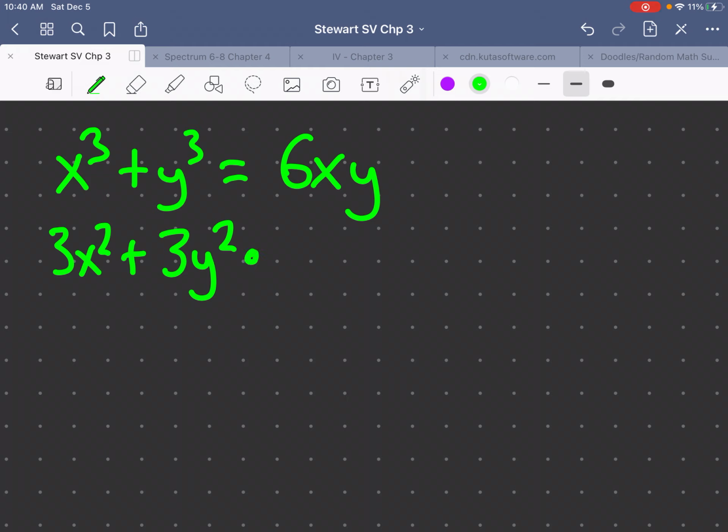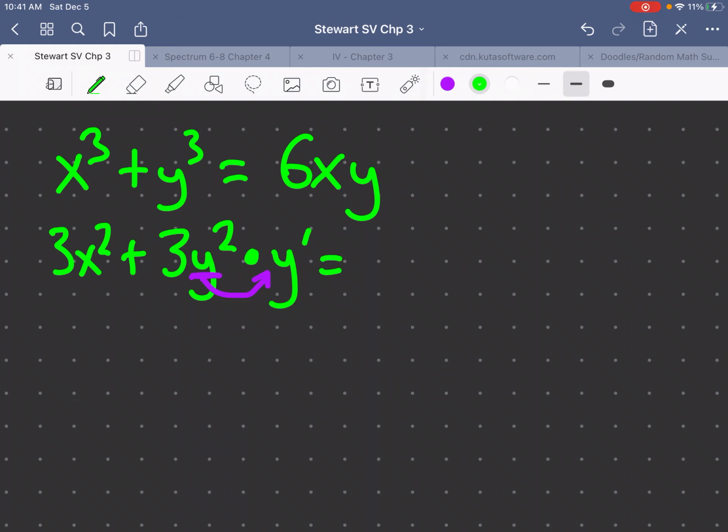However, since y itself is a function of x, we have to do chain rule, where we take the derivative of y and multiply by it. So we did the derivative of something cubed, which is 3 times the something squared, times the derivative of the something, or y prime. You could also write it as dy over dx, but in this case, I'm just going to use y prime because it's simpler to write it that way.